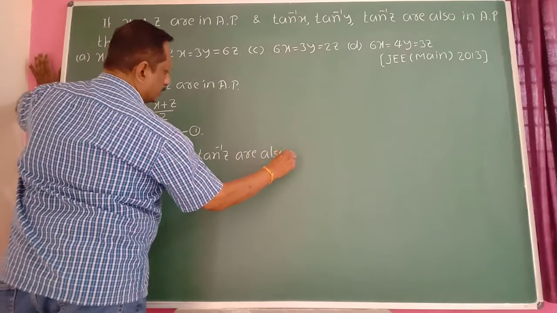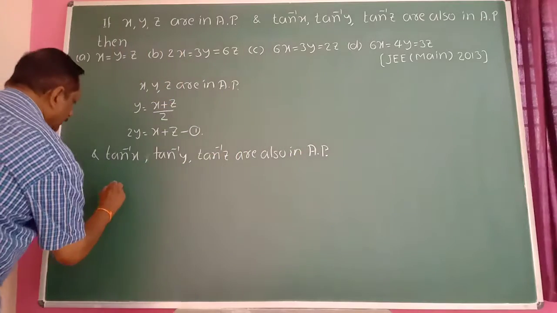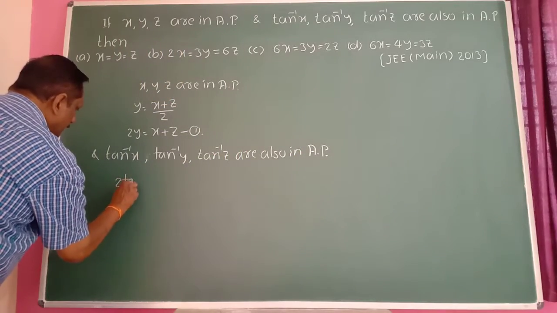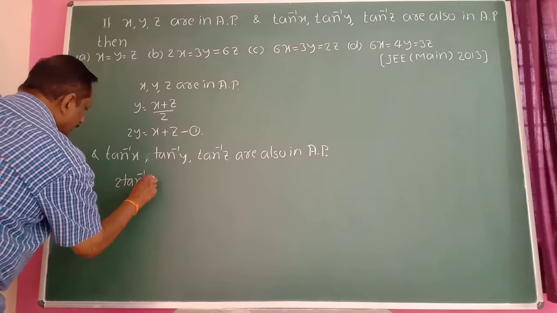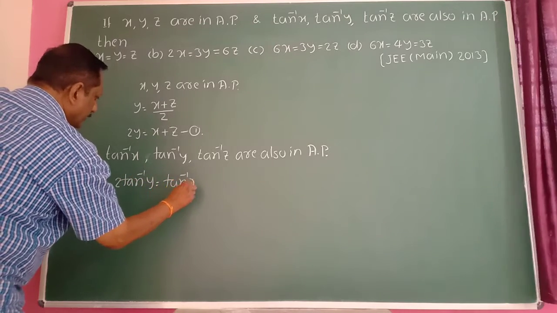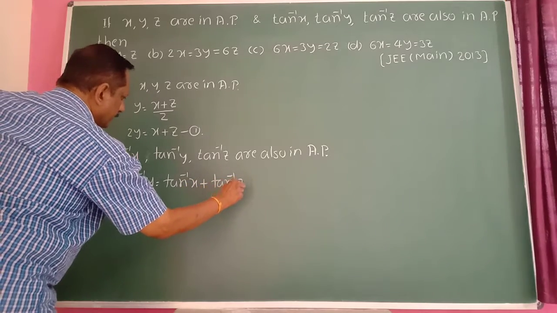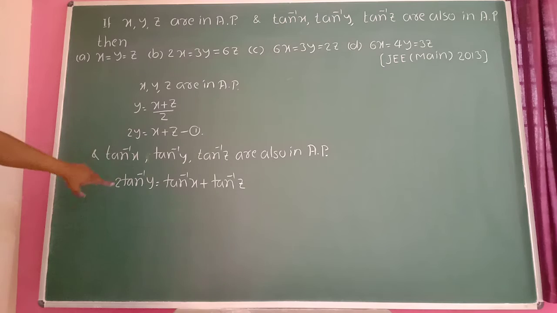Therefore 2 tan inverse of y is equal to tan inverse of x plus tan inverse of z. We are using this result here.